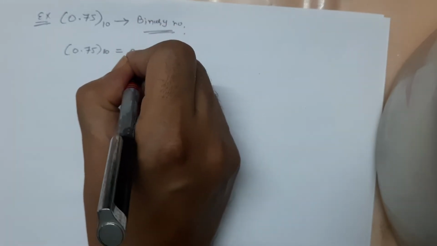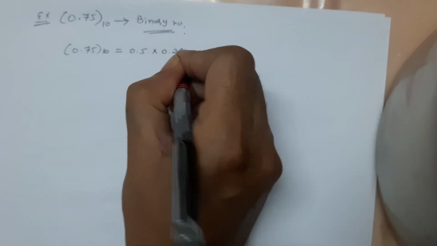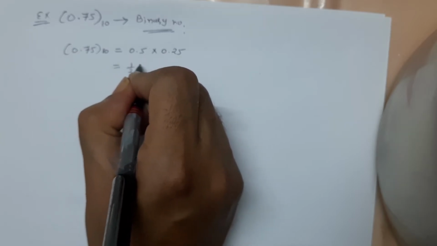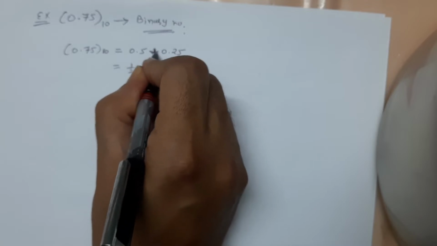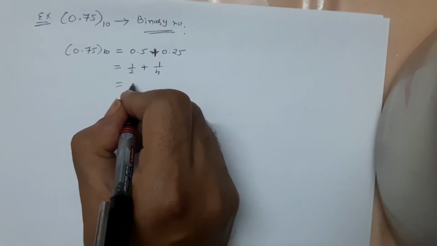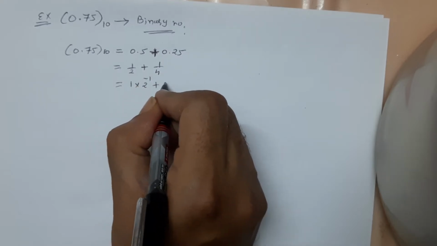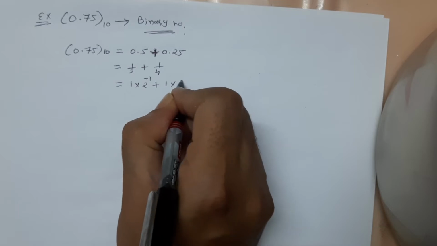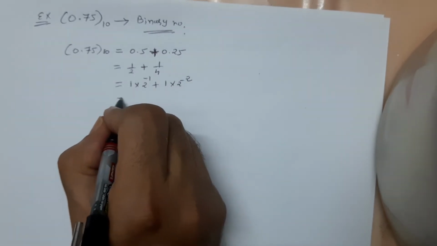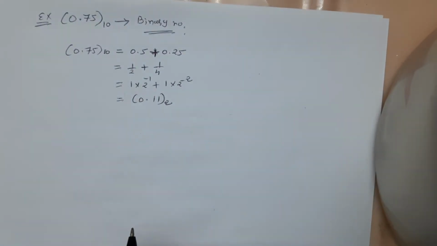0.5 plus 0.25. This is equal to 1 by 2 plus 1 by 4, and this is equal to 1 into 2 raised to minus 1 plus 1 into 2 raised to minus 2, and this is equal to 0.11 in the form of binary.